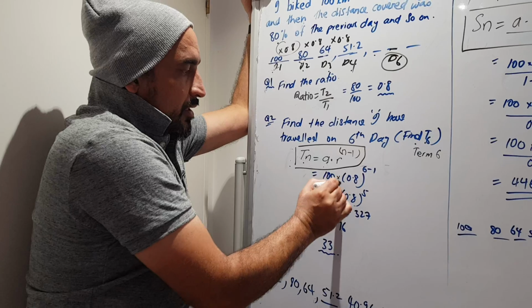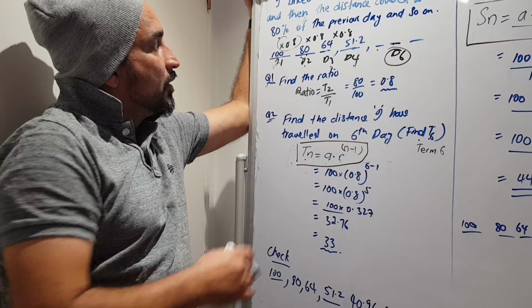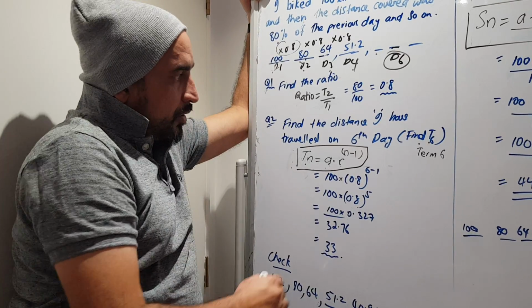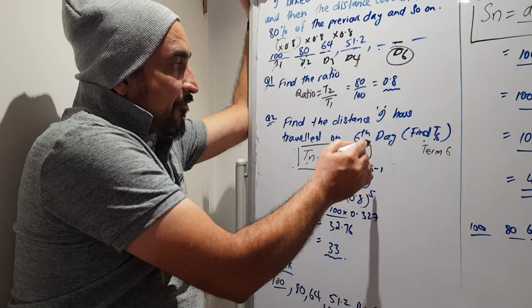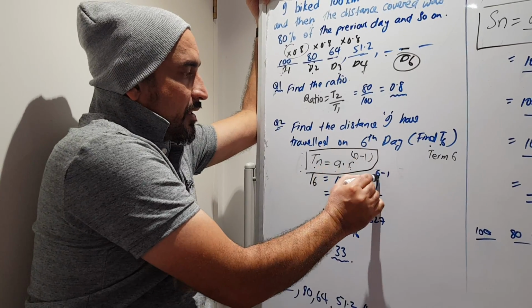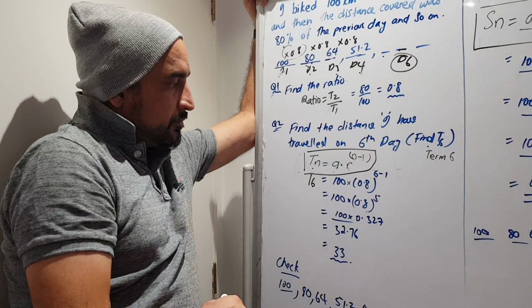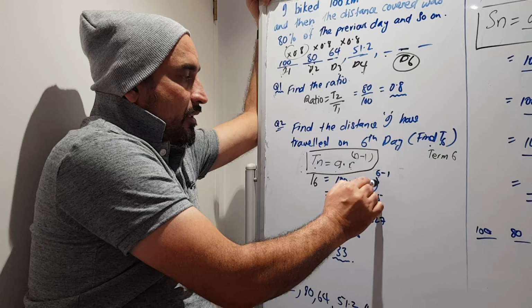Times what's my ratio? Ratio is 0.8, okay, 80%, to the power n minus 1. I am finding day 6, so that means term 6, that means n is 6. So 100 times 0.8, the ratio, in brackets to the power 6 minus 1.